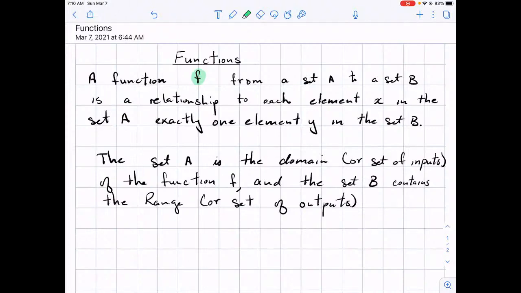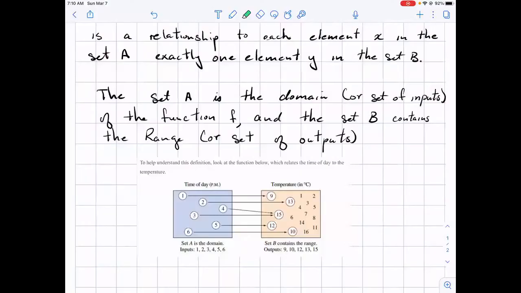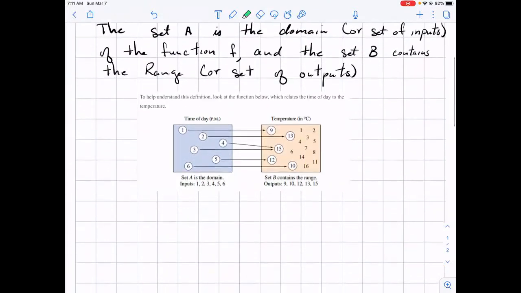So if I give you a little picture, here we have a picture of the function. Okay. To understand this definition, look at the function below, which represents the time of the day to the temperature. So notice 1 is mapped onto 9. 2, right, at 2 p.m., we have 13 degrees Celsius.